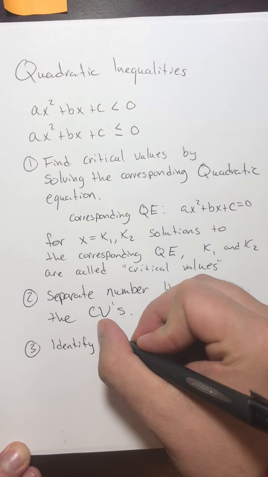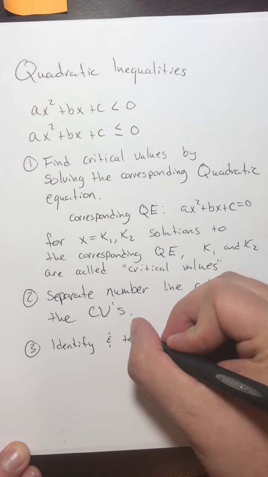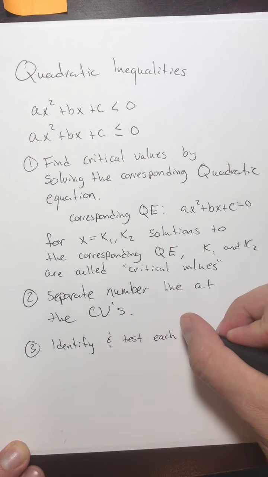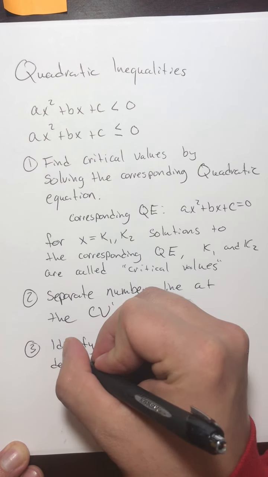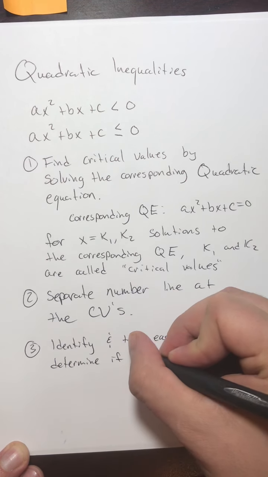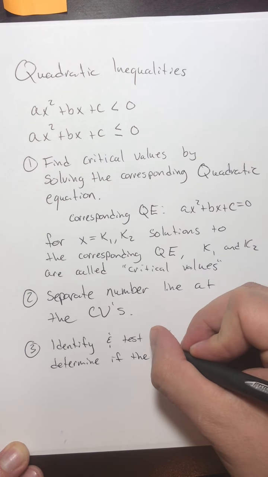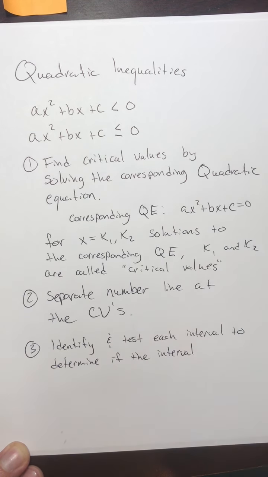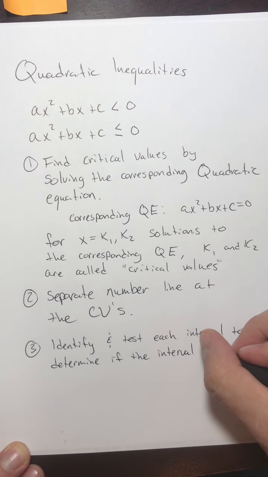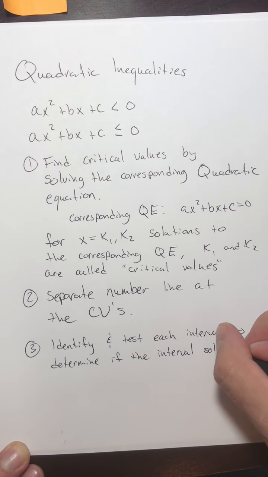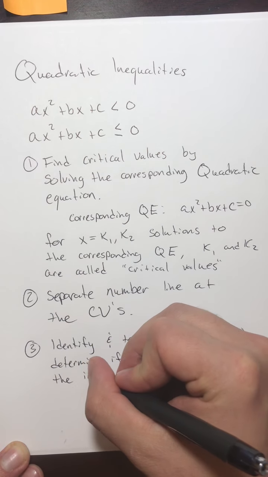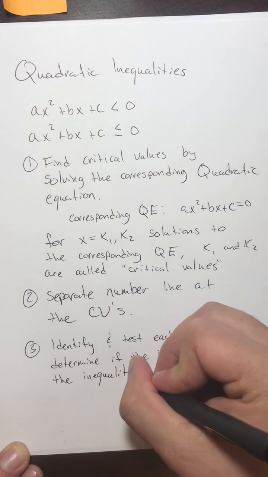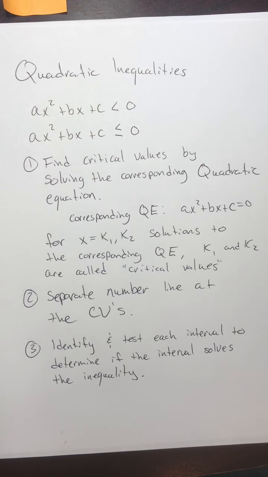And once we've done that, we can identify and test each interval, and that will allow us to determine if the interval solves the inequality. So let's take a look at an example.